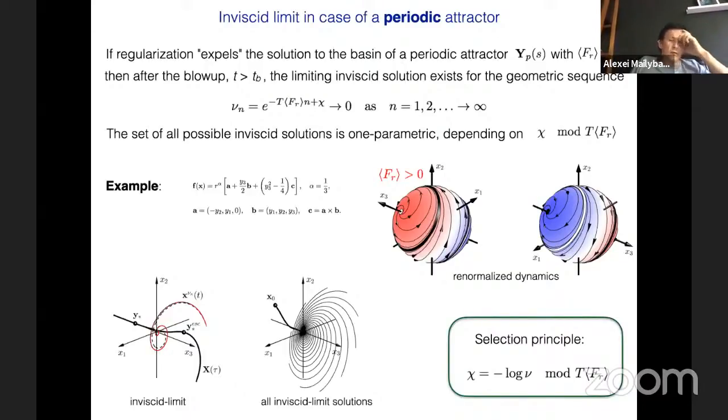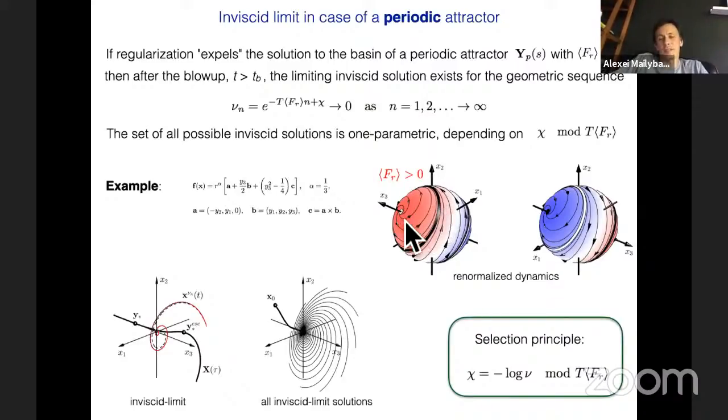Again, I will skip all the proofs, but what can be proved in this situation? One interesting situation is a periodic one, when the attractor of the system is periodic. Remember, our rescaled system is on a sphere, and this is an example of the system which I already showed last time.